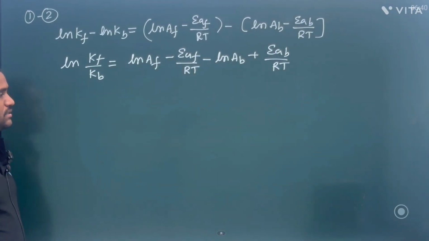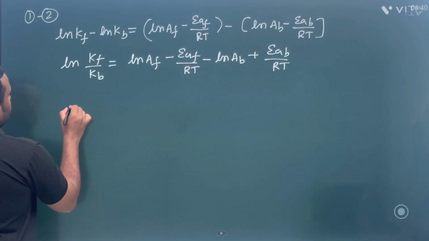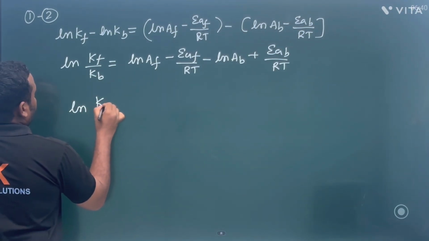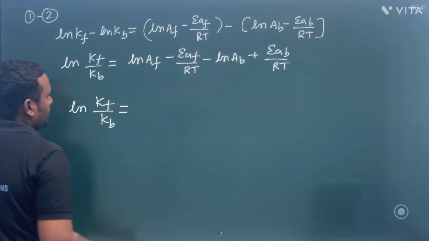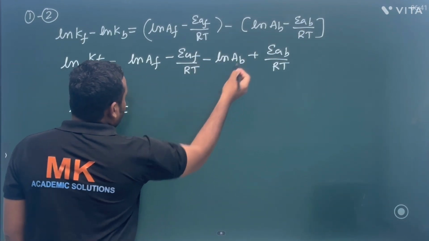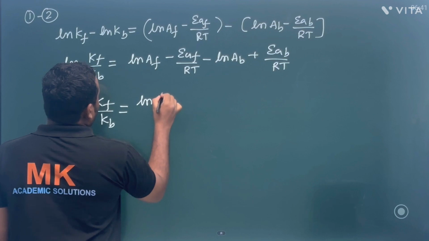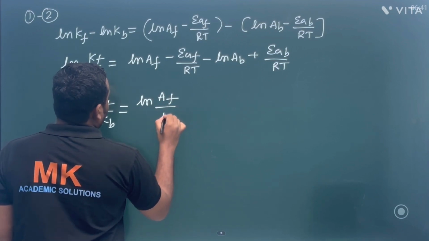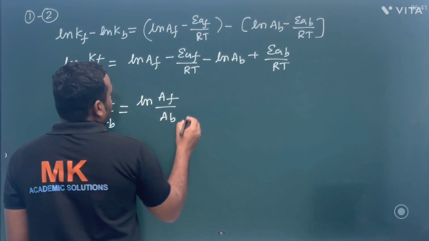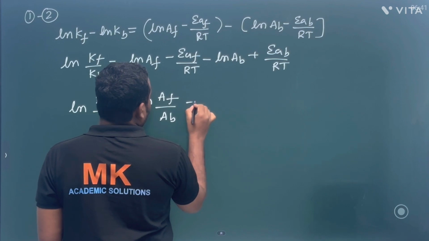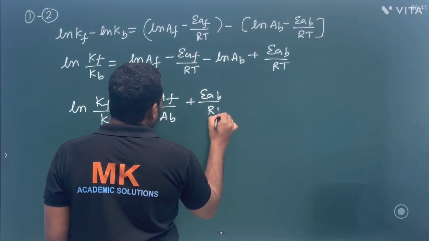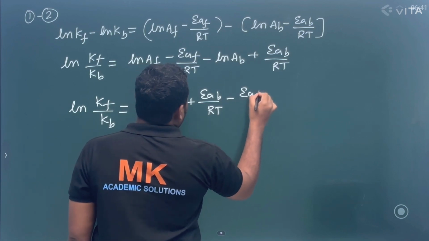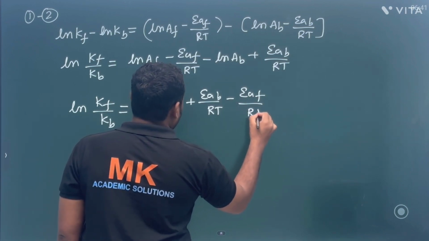Okay, so this is the relation you will get. Next, ln Kf by Kb is equal to ln AF by AB plus EAB by RT minus EAF by RT. Okay.